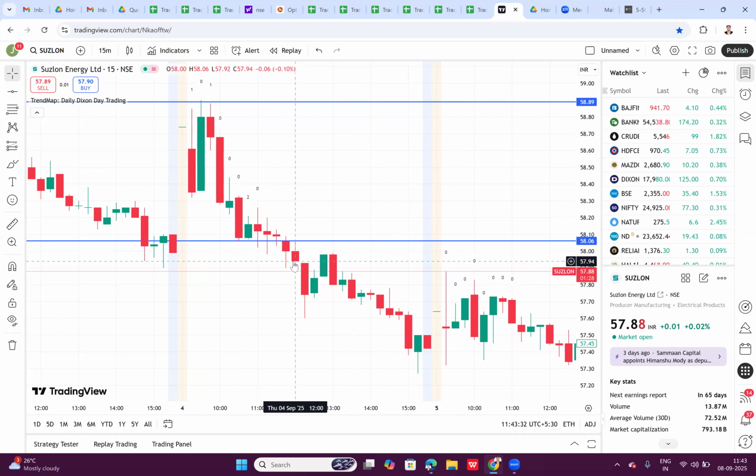In options, in Suzlon Energy, you always have to select a strike price which has a premium between 1 to 1.5, because the lot size of Suzlon Energy is 8,000.